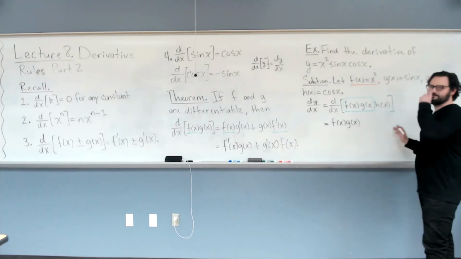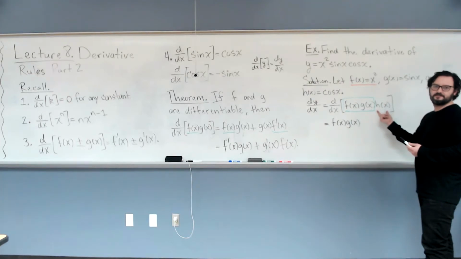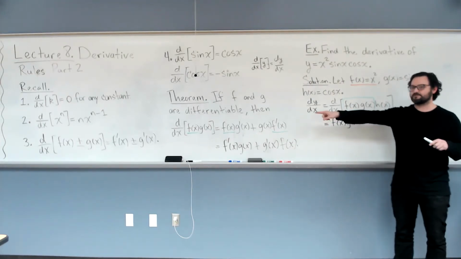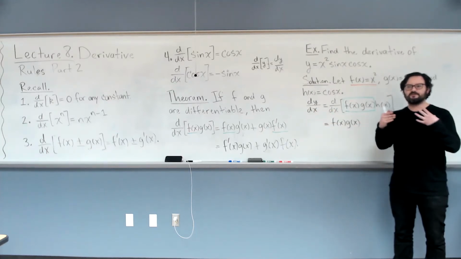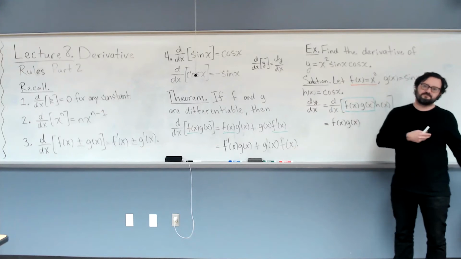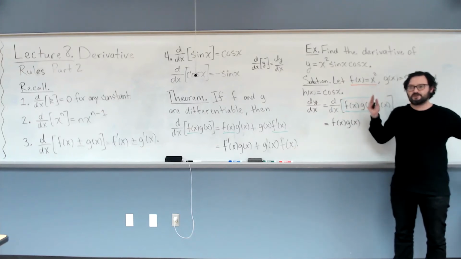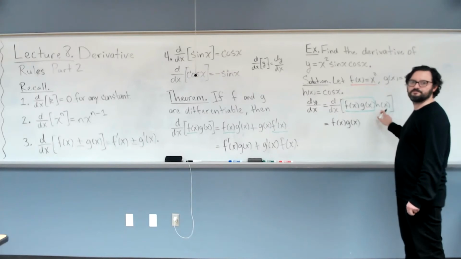The G's and the H's might be confusing, but you understand it's the second thing. This is why saying out loud what the theorem is saying is important. It's the first function times the derivative of the second plus the second function times the derivative of the first. Whatever it is, it can be R, H, Q, it doesn't matter. All I know is that this is the second function.